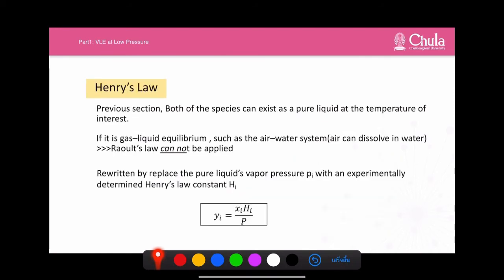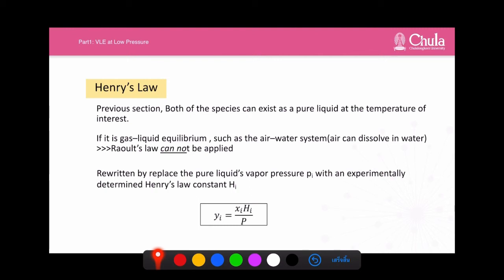The next topic is Henry's law. You can use Henry's law to explain the vapor liquid equilibrium. But why do we need Henry's law?